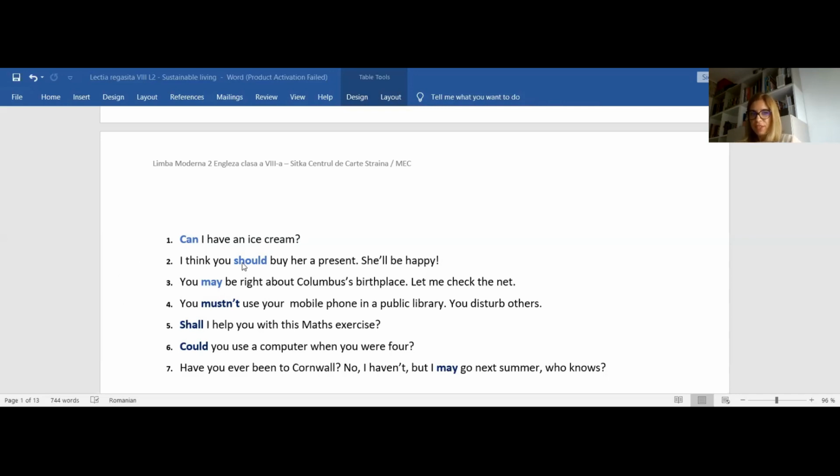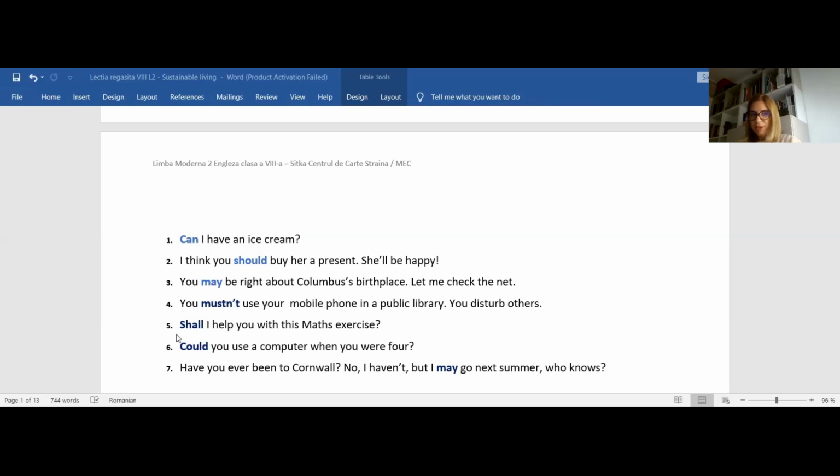Of course, in the first sentence, we have a request. In the second one, we have some piece of advice. In the third one, we have possibility. In sentence number 4, we have the idea of prohibition.